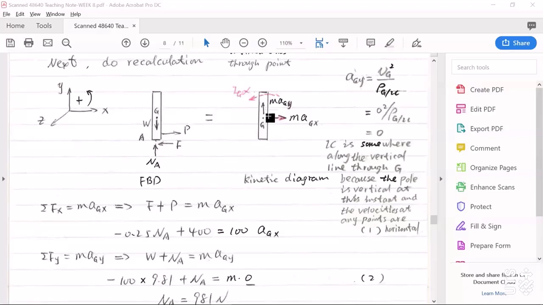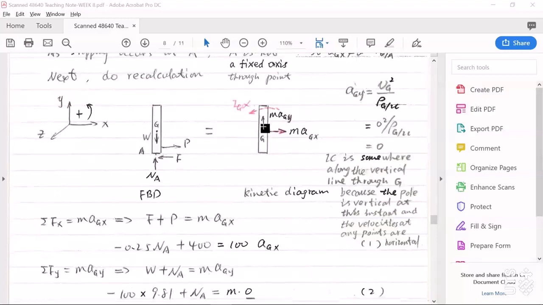So that means an IC point must be somewhere along the vertical line going through point G. We don't need to know the location of this IC point.